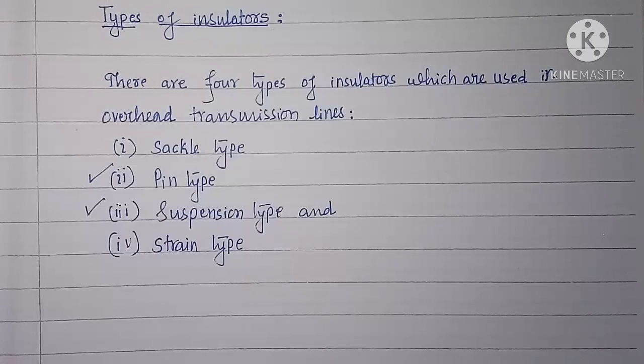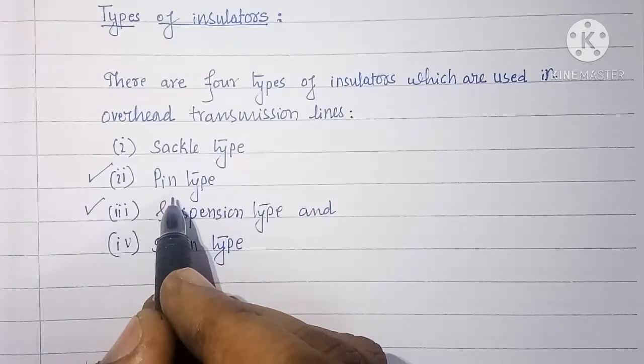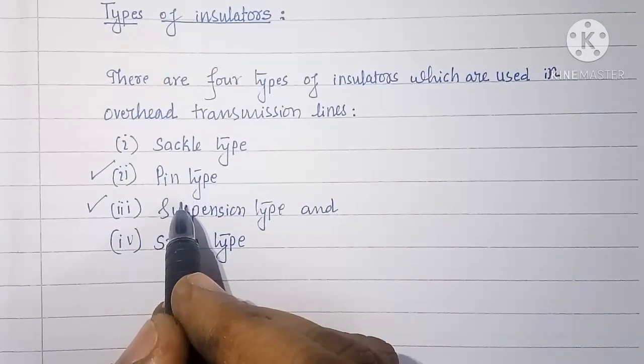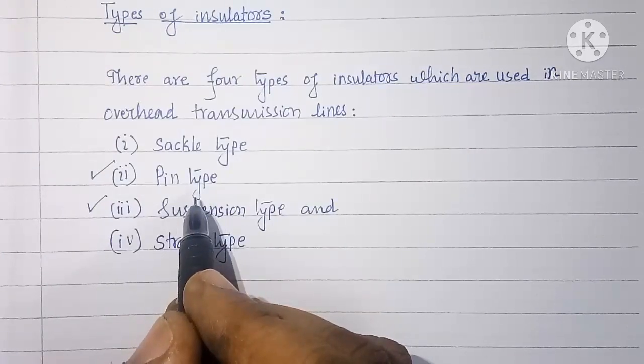Pin type insulators are uneconomical for higher voltage. As the name indicates, the pin or bolt is used to clamp the insulator to the cross arm on the pole. Yesterday I have shown you pin insulators.